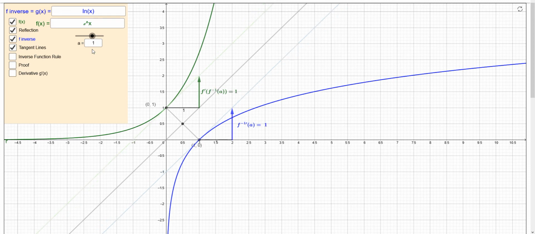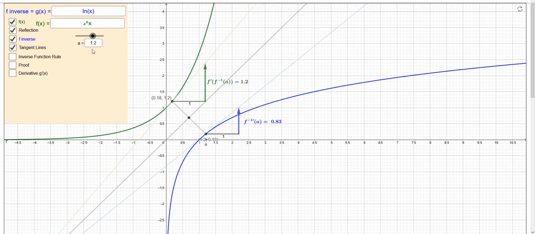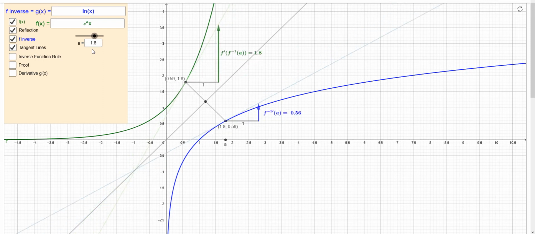Okay, and they're exactly the same when x equals 1. They're both 1, like they're parallel at that point. Otherwise, they're going to cross each other on that line, y equals x.